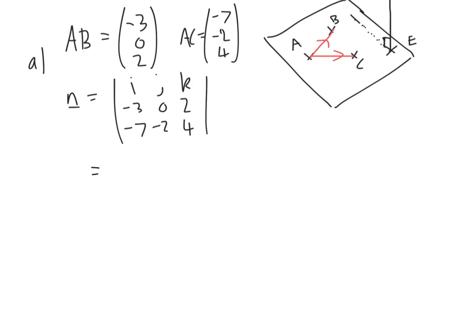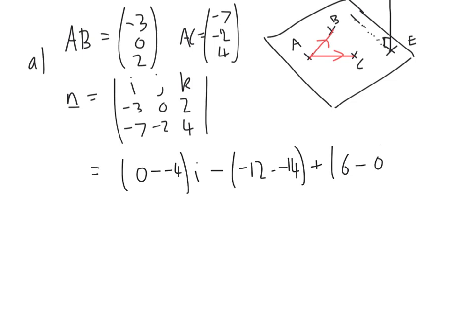If we do that, we get 0, take away minus 4, i, minus minus 12 plus, well, I should say minus 14, and then finally plus 6 minus 0.